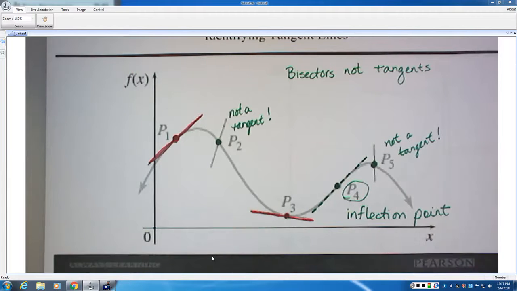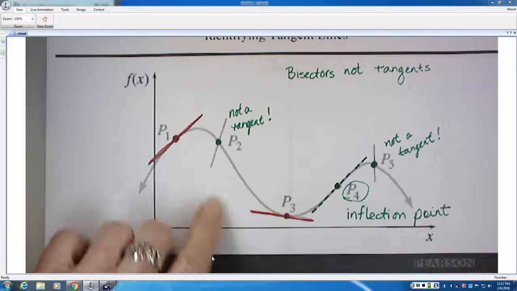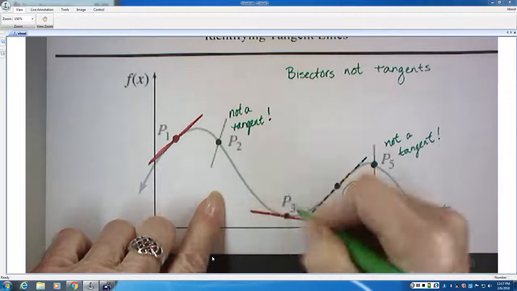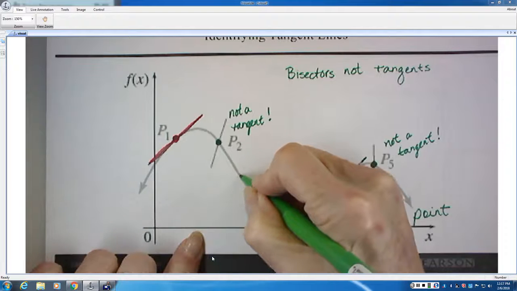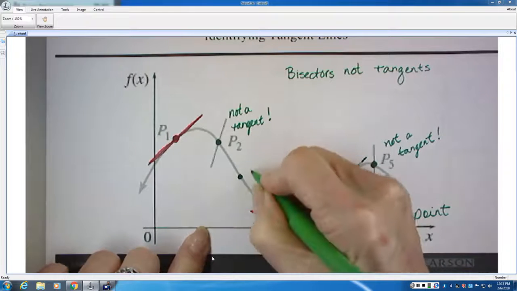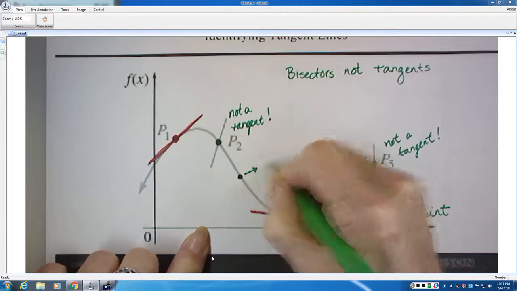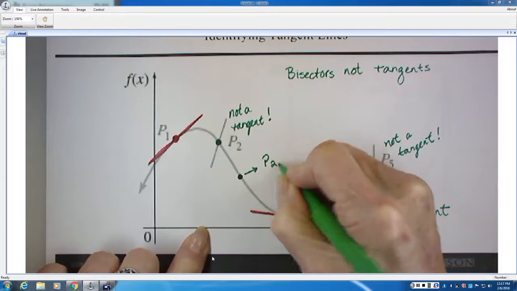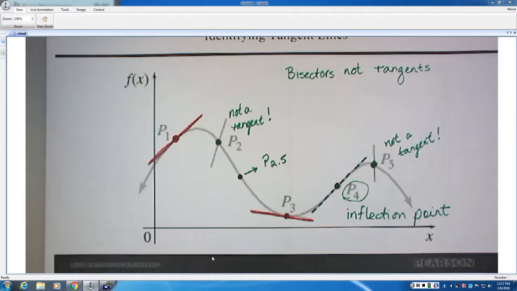It's not the only inflection point on that curve. There's more than just that one. There's also an inflection point between P2 and P3, right along about here. We'll call that P2.5, since it's between P2 and P3. So both of those are inflection points.